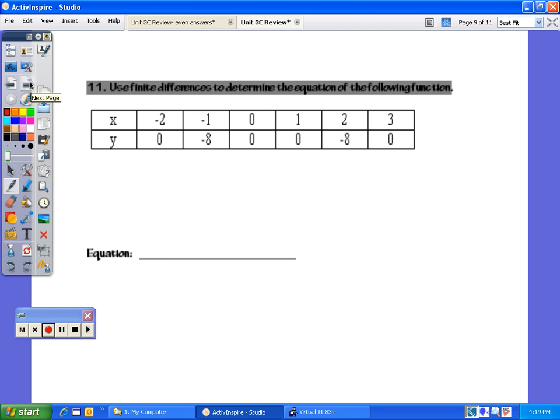The last few questions are your favorite types, which are finite differences. Remember, always go from right to left when you're subtracting, or else it's going to mess up your answers. So as you can see, we do not get the same answers here, so we do it again.